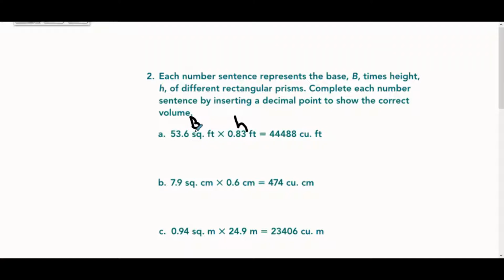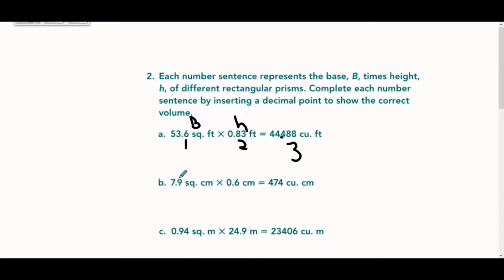Now we need to not forget. So forget, but don't forget. This is what we get when we forget, but we want to not forget. So we move over 1 decimal place here, 2 decimal places here. So we need a total of 3 decimal places. So we move over 1, 2, 3. So our decimal should go right there. So our answer is 44.488 cubic feet.